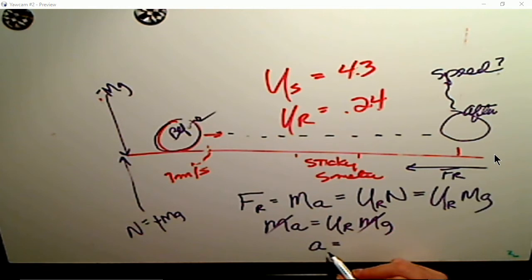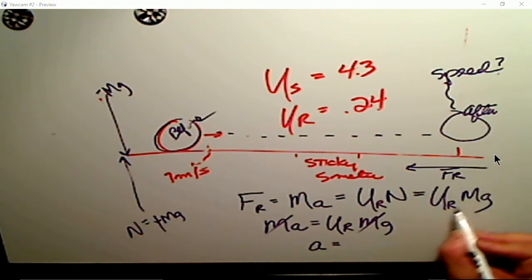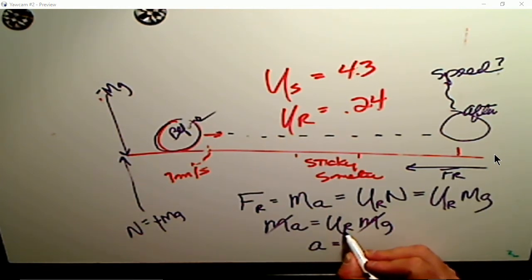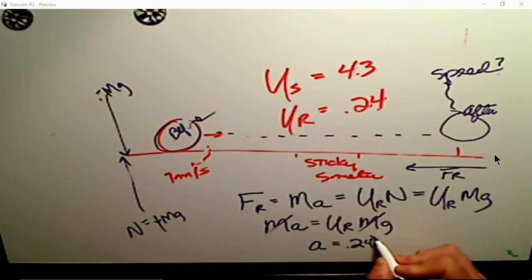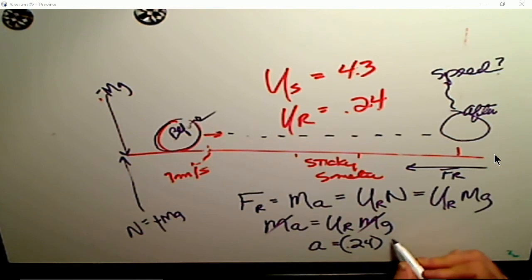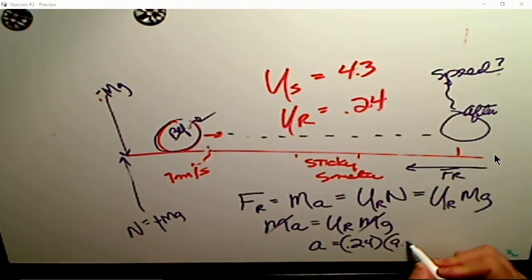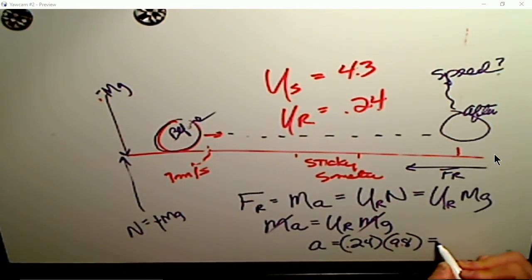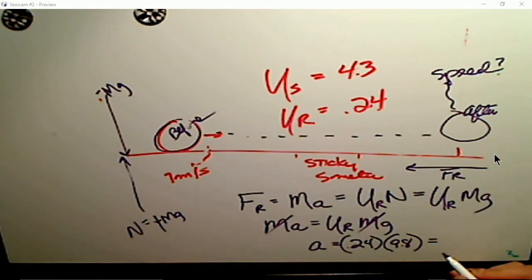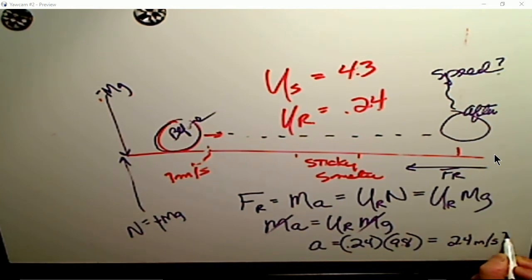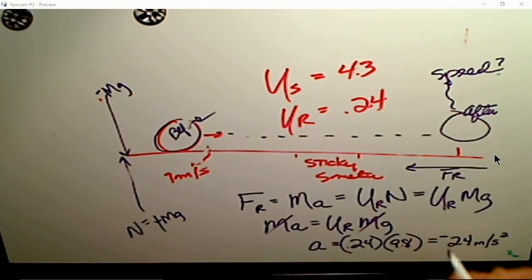I can get that deceleration by multiplying the coefficient of rolling friction, which is 0.24, times gravity, 9.8. And I'm going to get 2.4 meters per second squared. Decelerating.